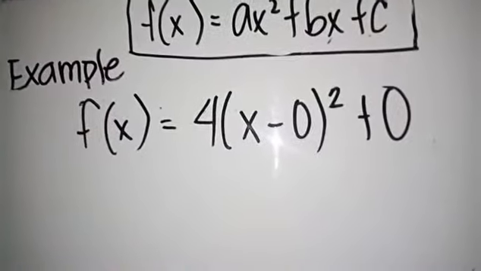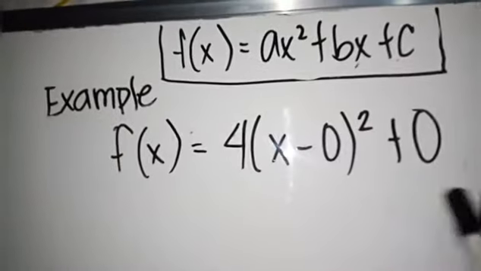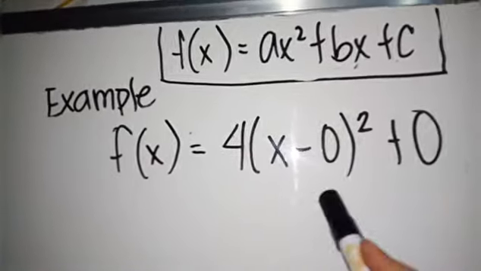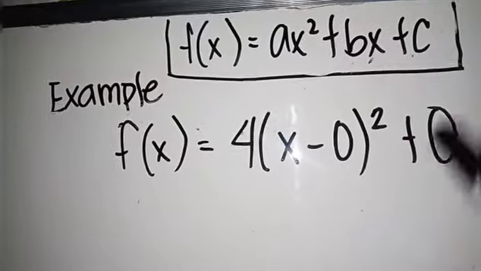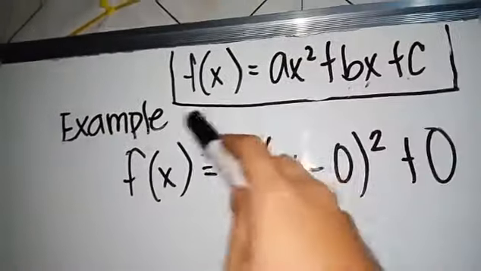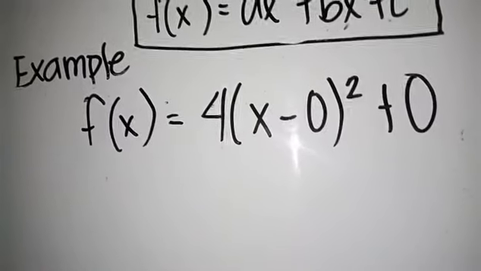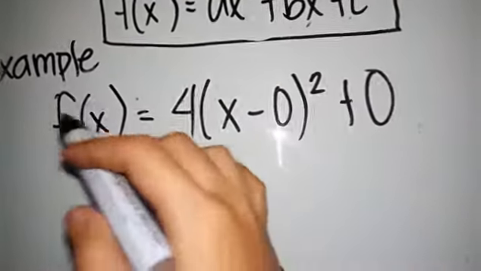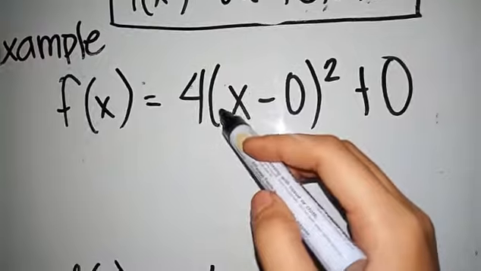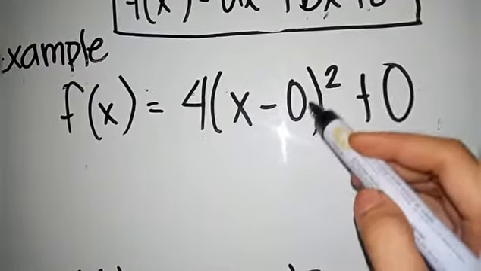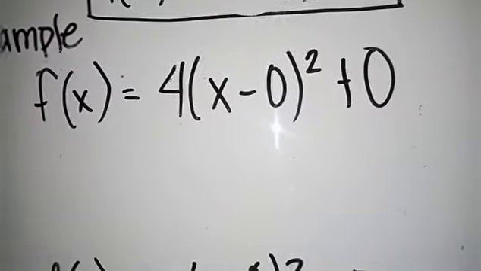So, babaliktarin naman natin ngayon siya. Binigay ay vertex form. Gagawin naman natin siya na standard form. So, paano yon? Let's have the first one, which is f of x is equal to 4 times the quantity x minus 0, quantity square plus 0.